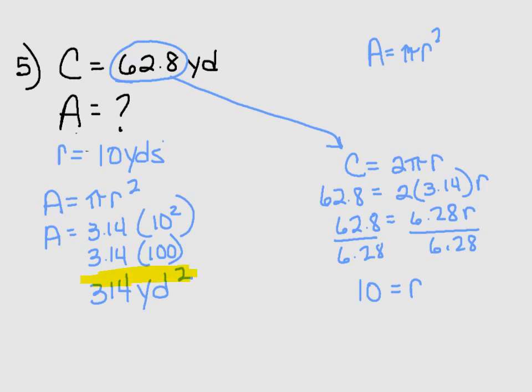Okay, so when you're given either area or circumference, and you need to find the other one, what you need to do is use both formulas to find what you need.